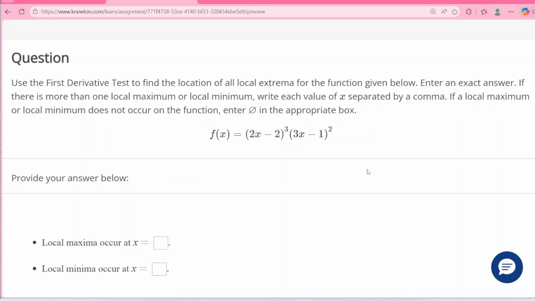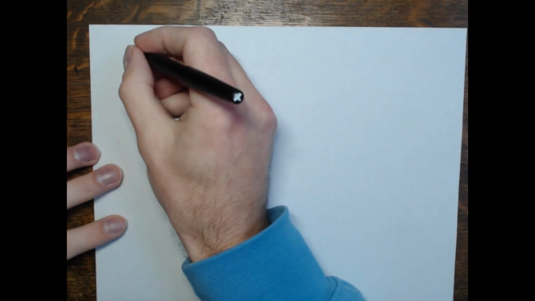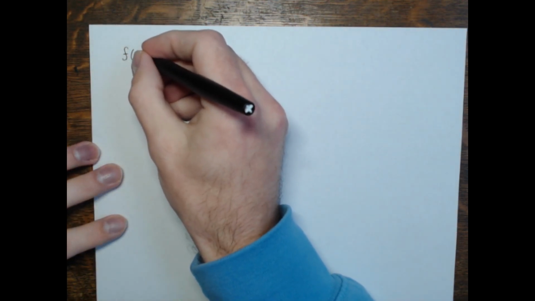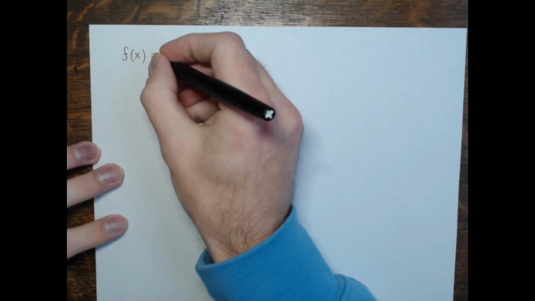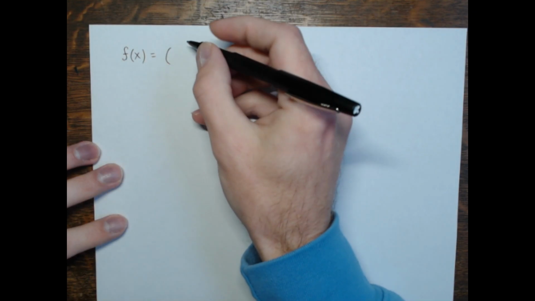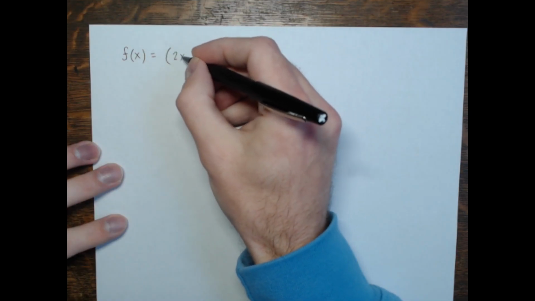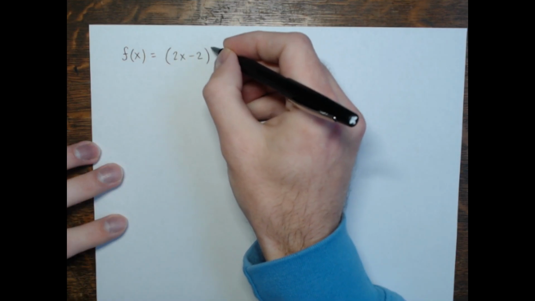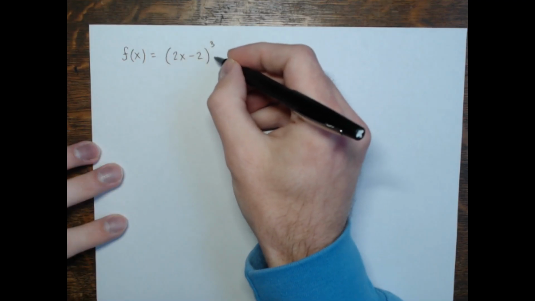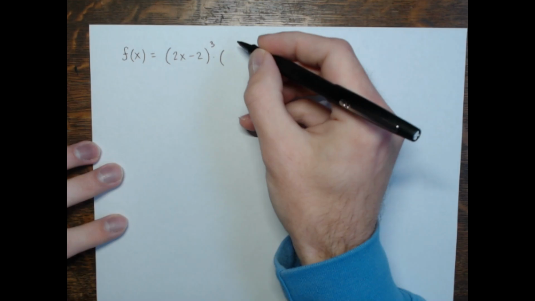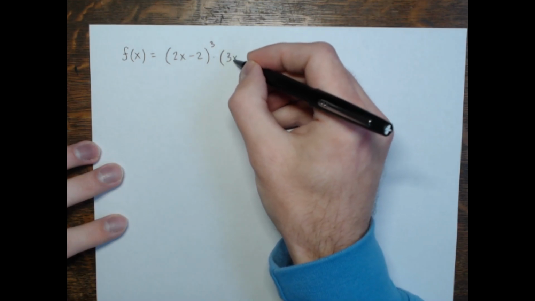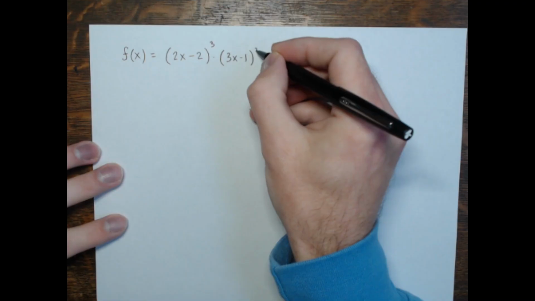Now, I mean, you could multiply the whole thing out. It would just be probably a little annoying to multiply that all out. So here we have 2x minus 2 cubed multiplied by 3x minus 1 squared.